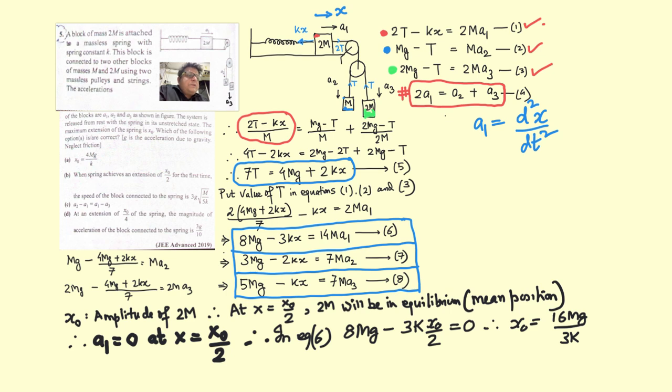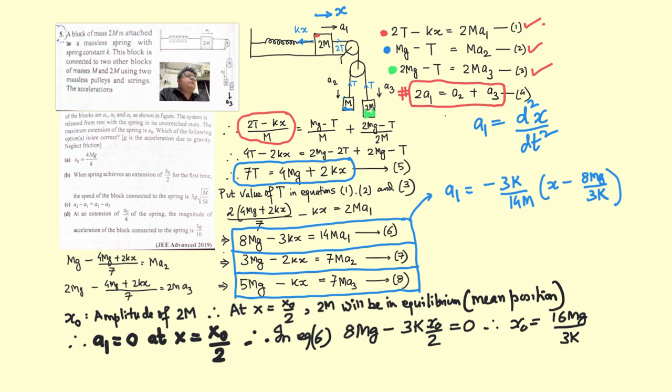And see again, from equation 6 you have a1 equal to, if I put this minus sign, minus 3k by 14m times x minus 8mg by 3k, because we have kept 3k outside.